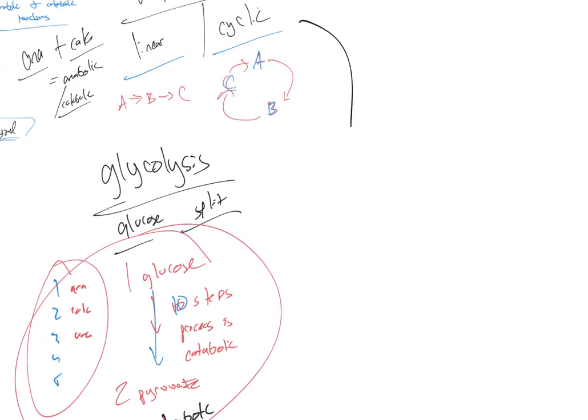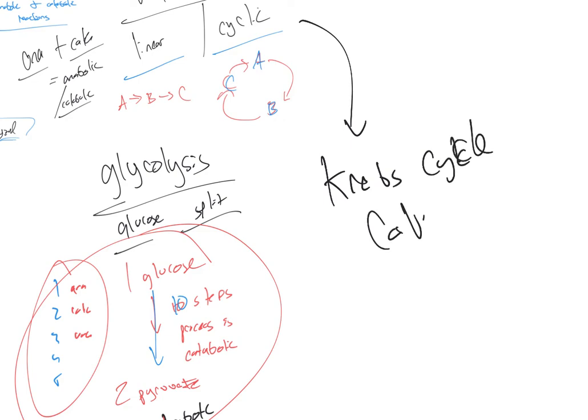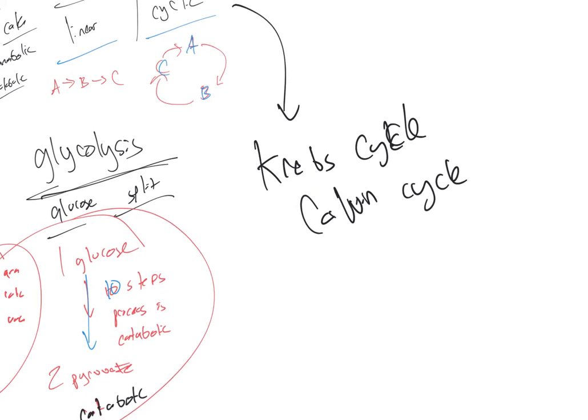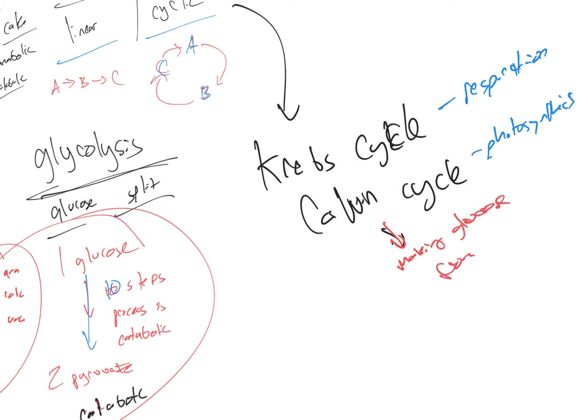An example of a cyclic pathway would be the Krebs cycle or the Calvin cycle. The Krebs cycle is respiration, and the Calvin cycle is photosynthesis. In the Calvin cycle, we are making glucose from CO2.